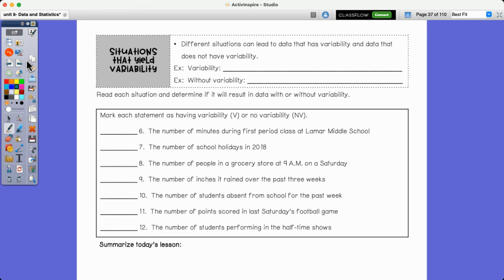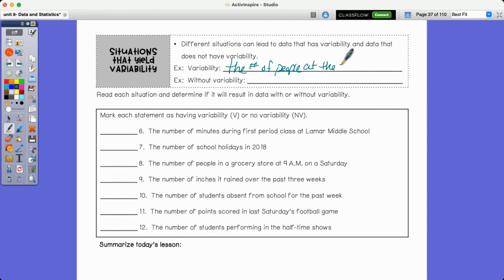Now, variability is kind of important. Different situations can lead to data that has variability and data that does not have variability. We talked about this a couple days ago, and this is just a very brief review. Variability would be like the number of people at a mall on a given day.